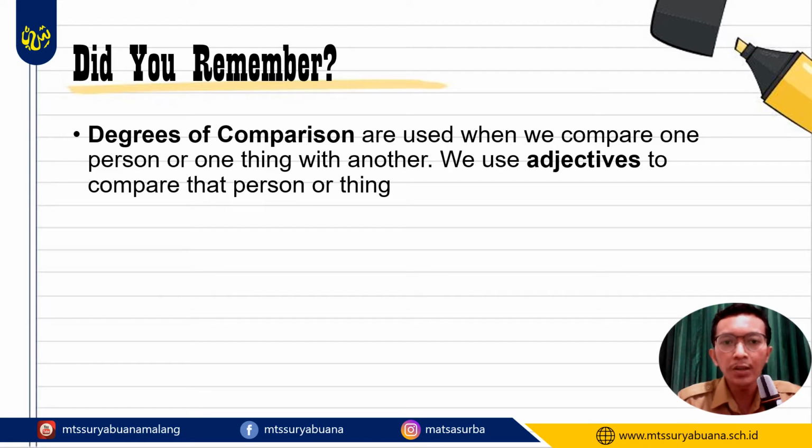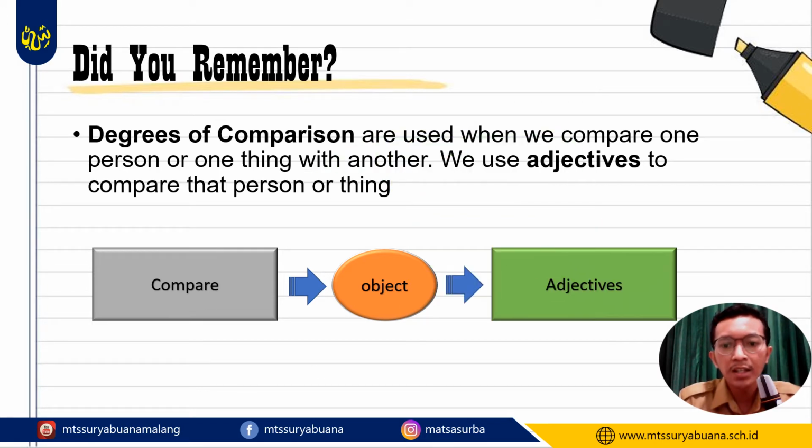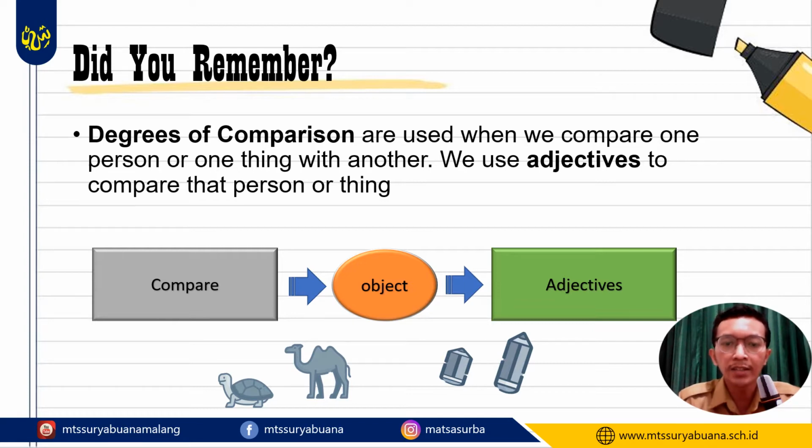Because in this video we are focused on how to compare animals and things, here we will study how to compare one thing to another thing or one animal to another animal. And to compare them, we use adjectives.